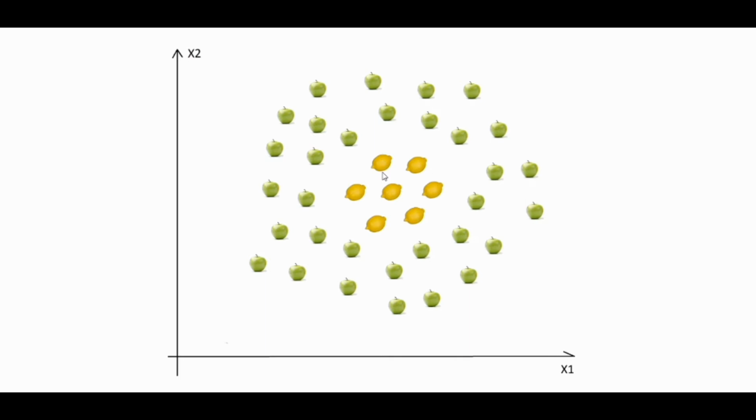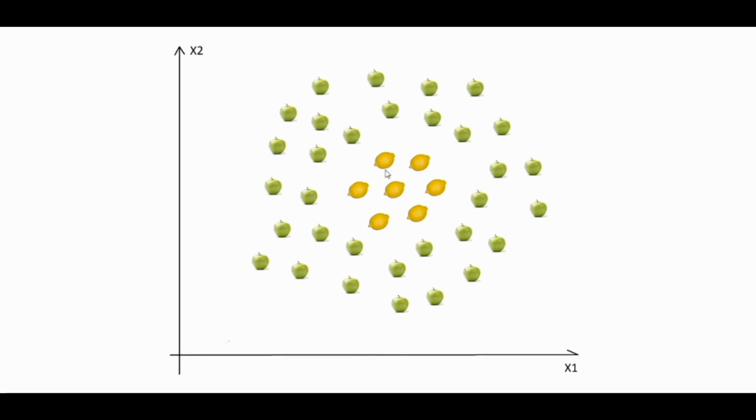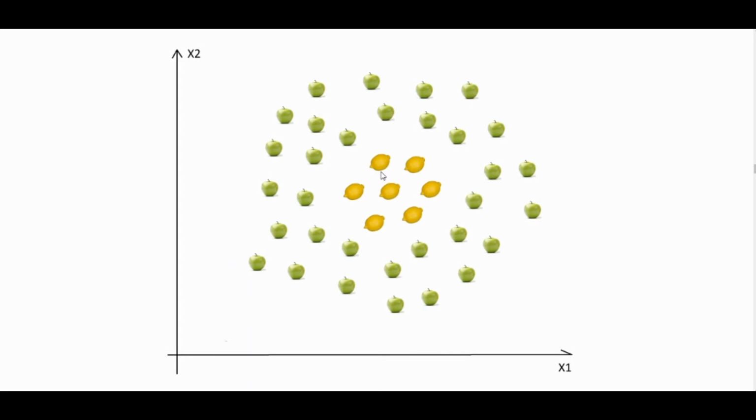If you use a linear kernel, it's not going to make a good classification. So we are going to use non-linear kernels. There are various non-linear kernels available, and the best and default one is RBF, the radial Gaussian function. Other than that, there are kernels such as polynomial, linear, and so on.